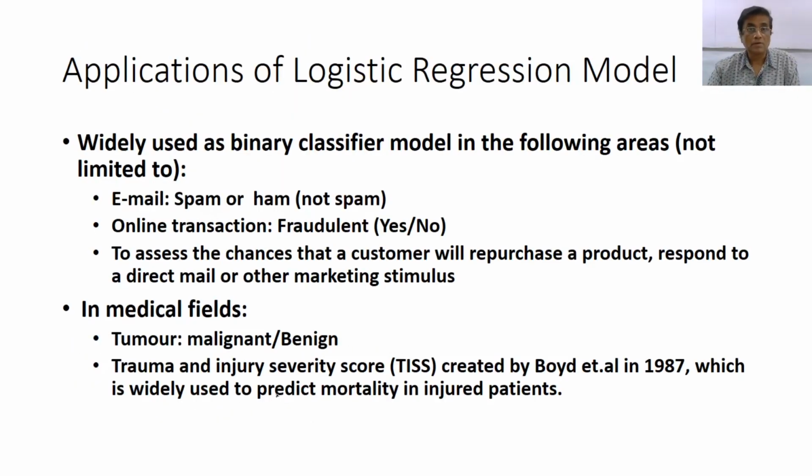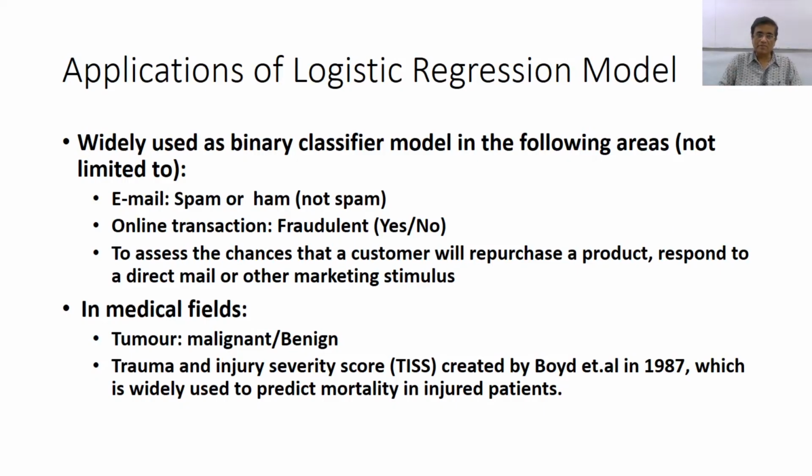With this, I will also discuss some applications of the logistic regression model. This is a widely used binary classifier. These are the areas of application: classifying email as spam or ham; online transactions, whether fraudulent or not; and in business, assessing the chances that a customer will repurchase a product or respond to a direct mail or other marketing stimulus, whether she will respond or not.